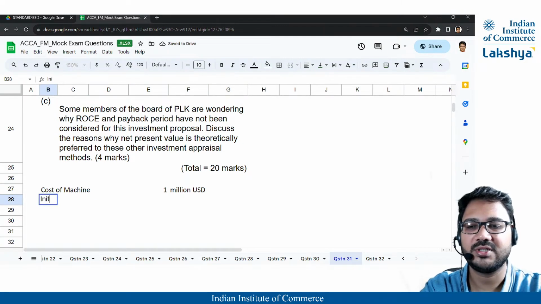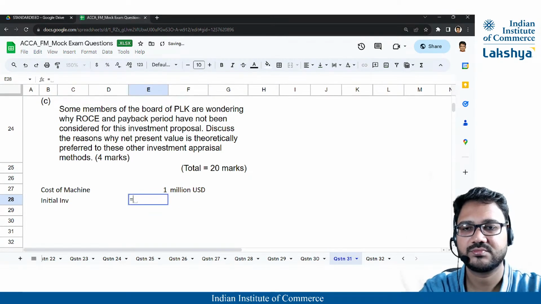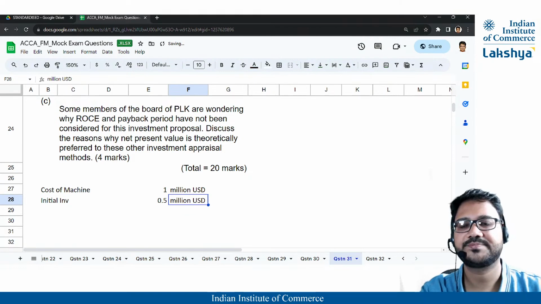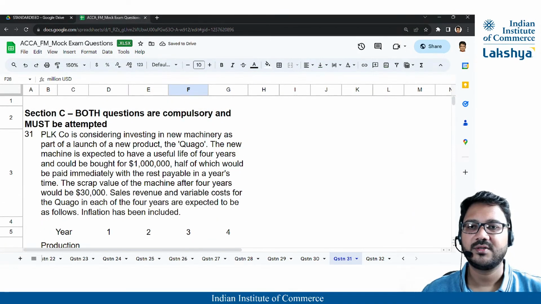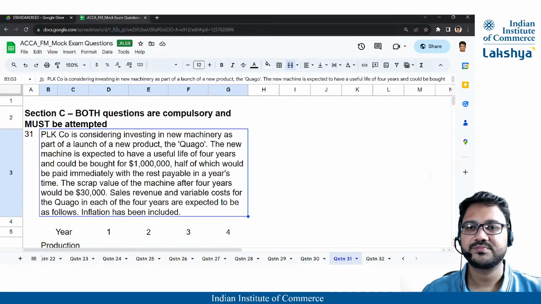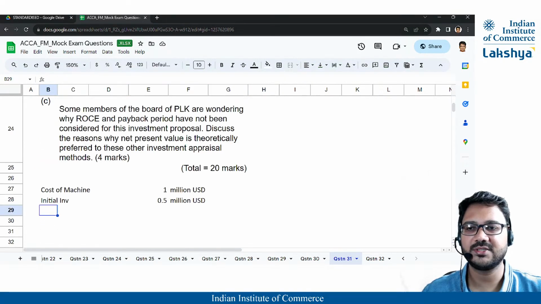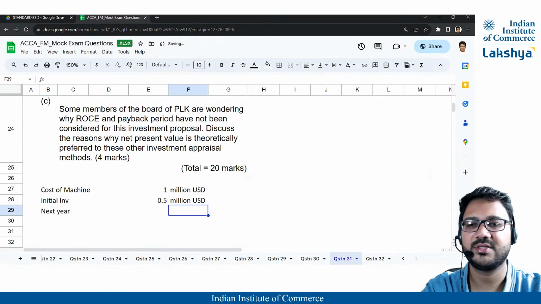So initial investment will be half of this. Half of which would be paid immediately with the rest payable in a year's time. So in the next year, we are paying the other half.